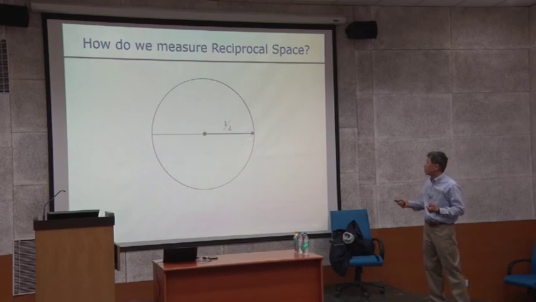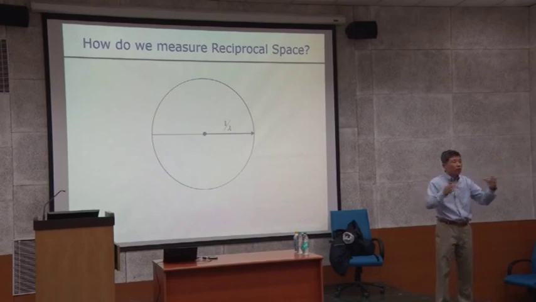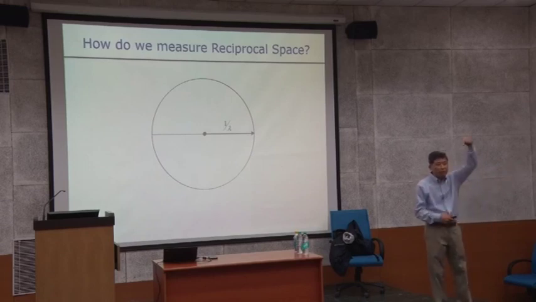The radius of this sphere is 1 over lambda. That means if the wavelength of the X-ray beam you use is longer, the Ewald sphere gets smaller, and if the wavelength gets shorter, the Ewald sphere gets bigger. For electron diffraction, the electron beam is like 300 kV or 100 kV, and the wavelength is extremely short.